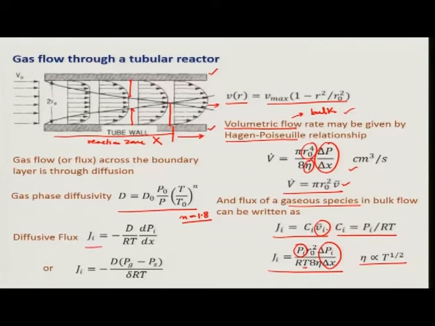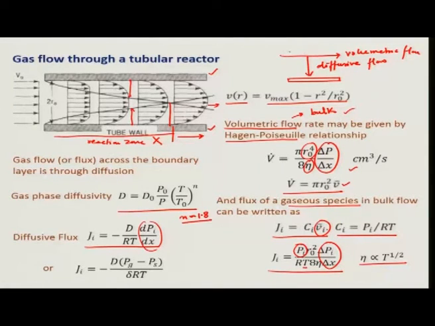Also the diffusive flux, which we are more interested in, can be converted to pressure gradient across the boundary layer, okay. So, this is my convective flow or volumetric flow, which we have described on the right hand side, and this is my diffusive flow, and my substrate is here.